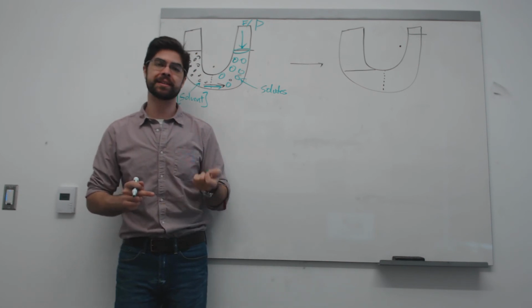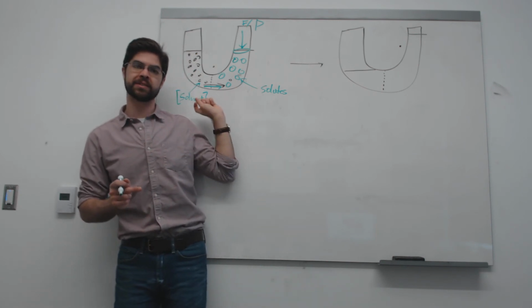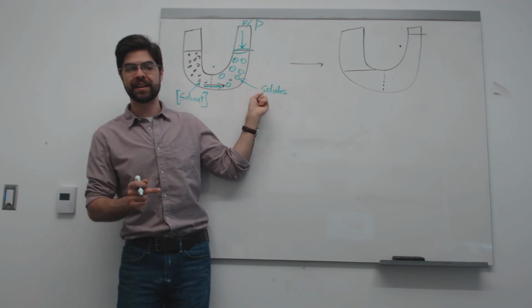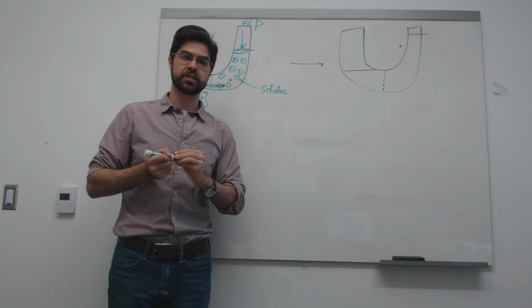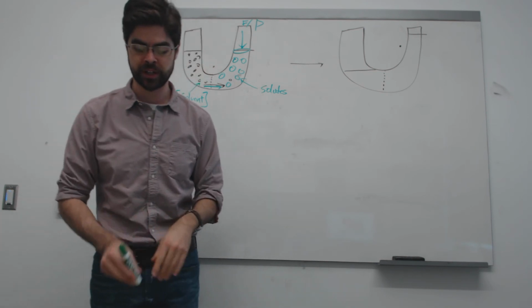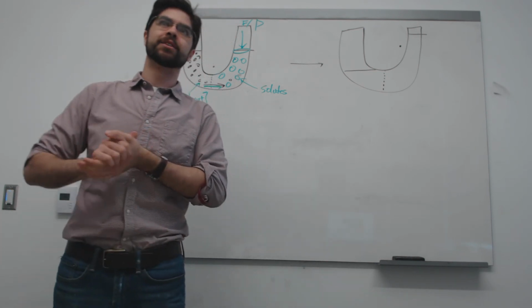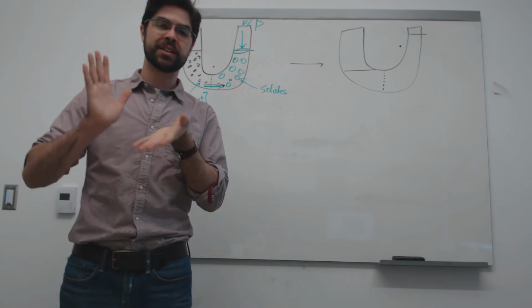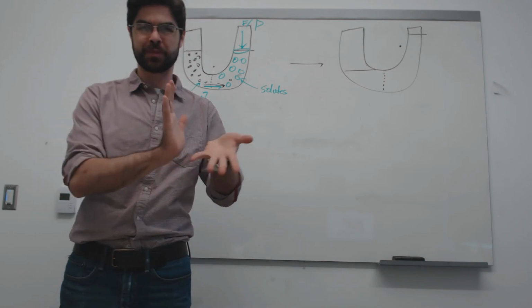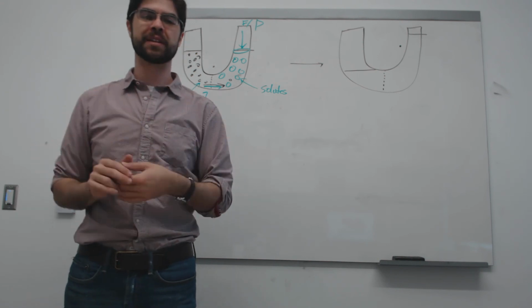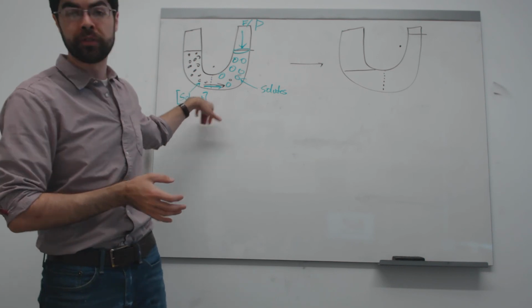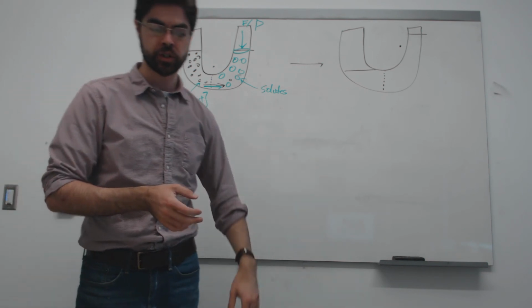So that's why it's a colligative property: it depends on the solvent's concentration, not on the identity of the solutes. It's only dependent upon concentration differences, and it doesn't really matter what these solutes are.